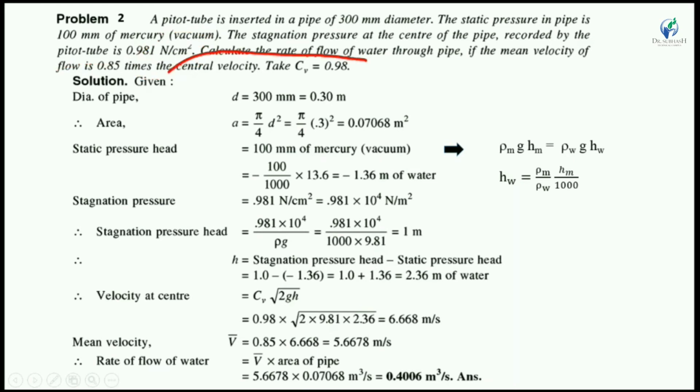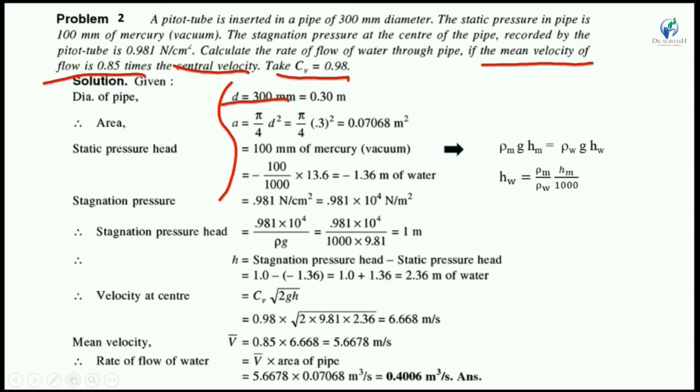Calculate the rate of flow of water through the pipe if the mean velocity of flow is 0.85 times the central velocity, and take Cv equal to 0.98. Okay, now we write the given data.